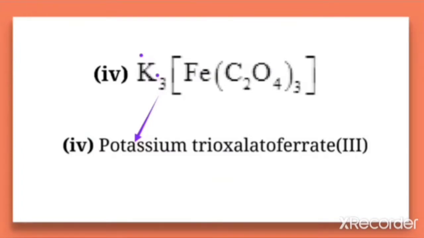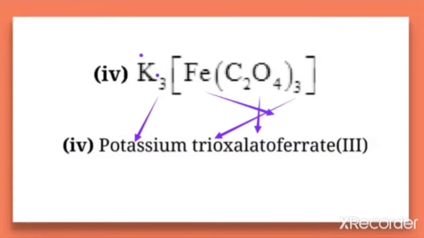Then, we have to name the ligand. What is the ligand here? That is C2O4, oxalato ion. In short, sometimes it is written as ox also. So oxalato is the ligand, and how many ligands are there? 3. So we have to use the prefix tri. Then the name of the ligand, oxalato.